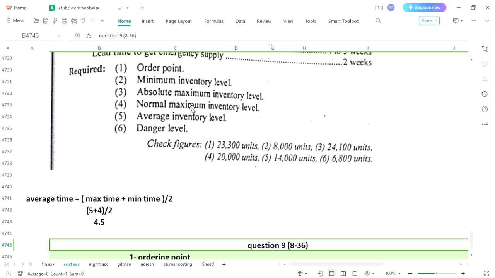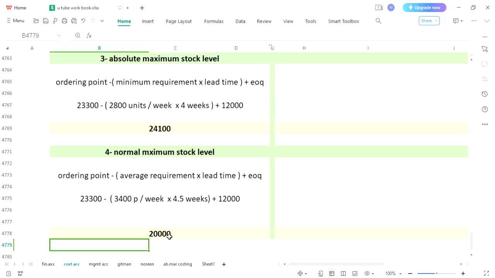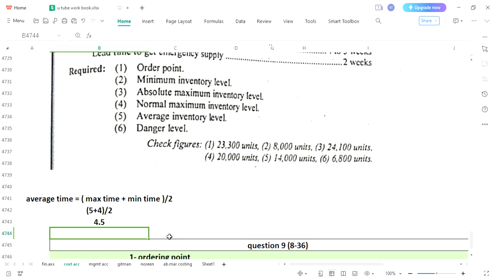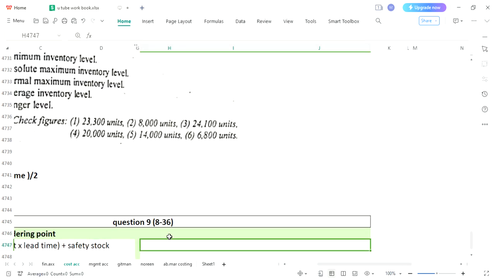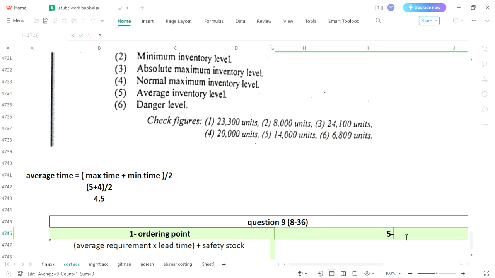At the fourth part we have solved it, and the fourth answer is 20,000 units, and we have also calculated 20,000 units. Four parts have been completed. Now we will choose our right side instead of going again downward. Fifth requirement we will now follow, and that is average inventory level.